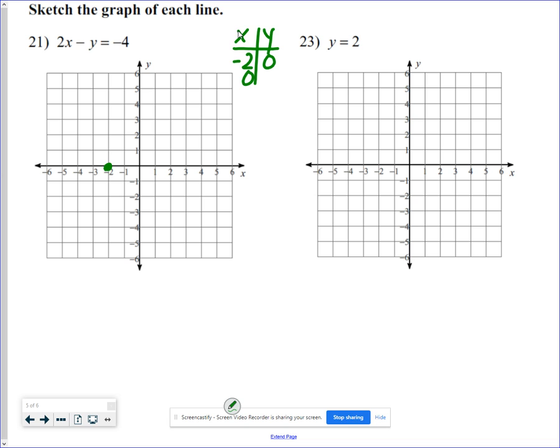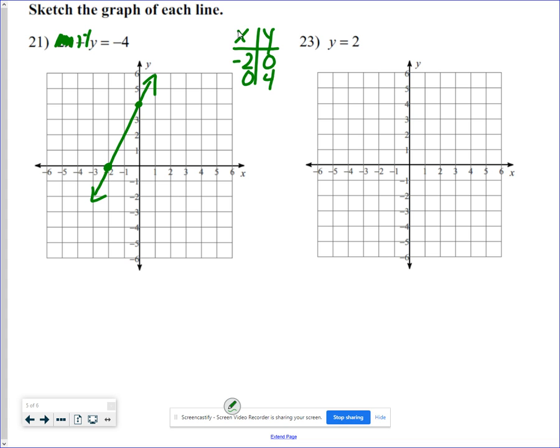What I really need to do is think about that like negative 1y. And now I can say, oh yeah, I don't even need that. So negative 1 times what gives me a negative 4? Well, it's a positive 4. So right there's my point. And then we'd be able to graph our line with the 2 points.